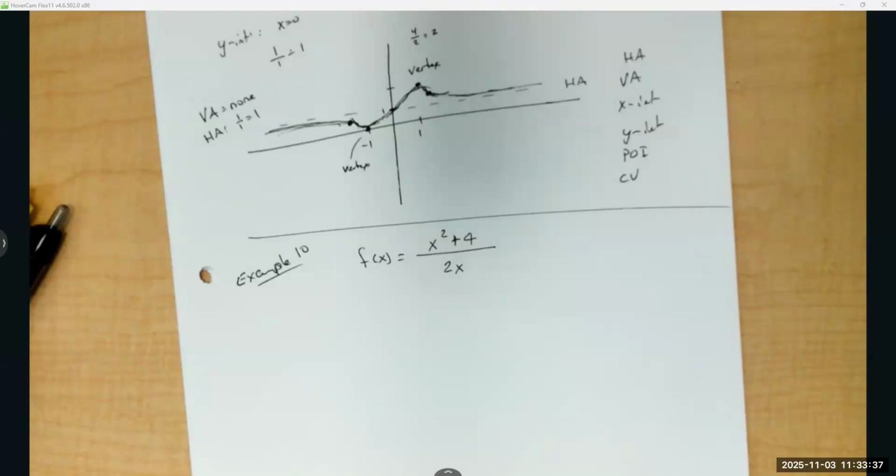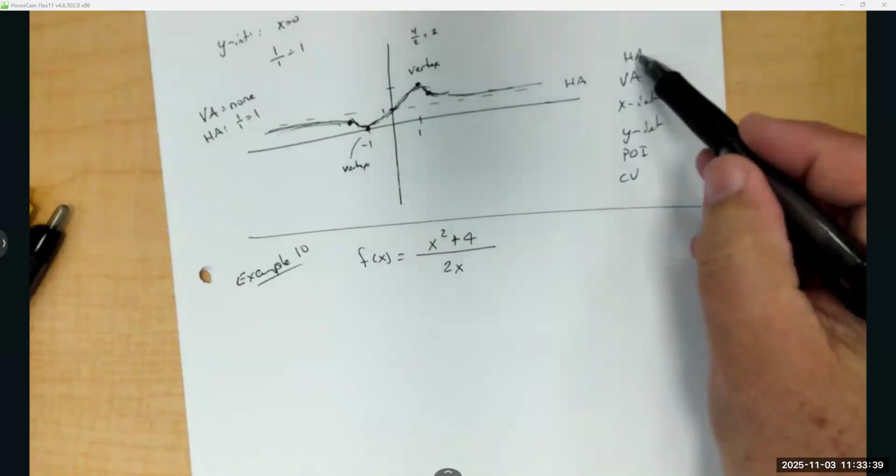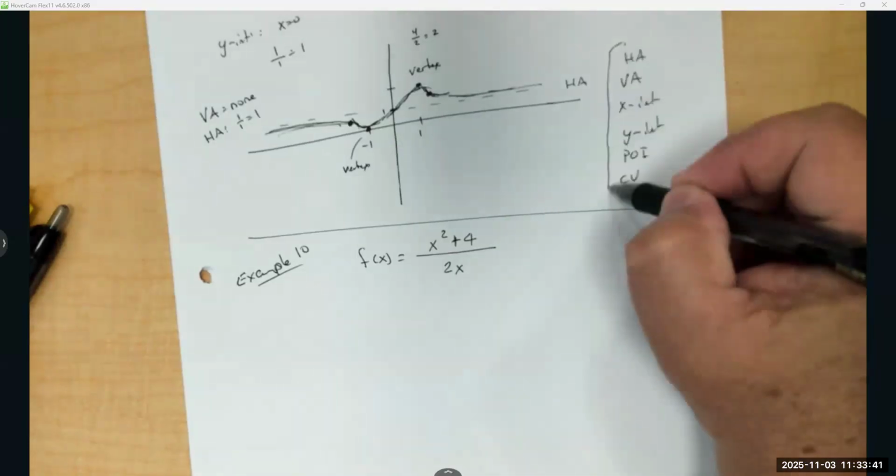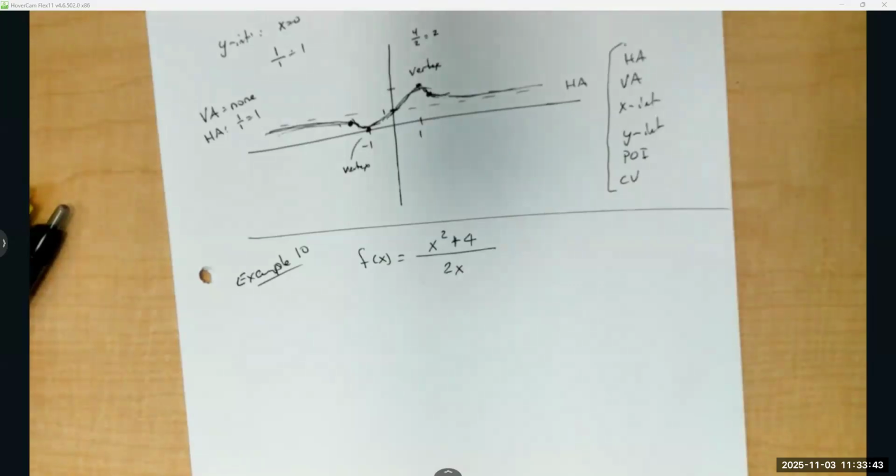Looking at this function, what can you tell me, with about any of these pieces of information, just by looking at it?